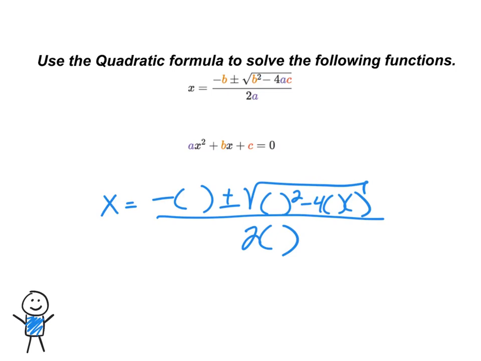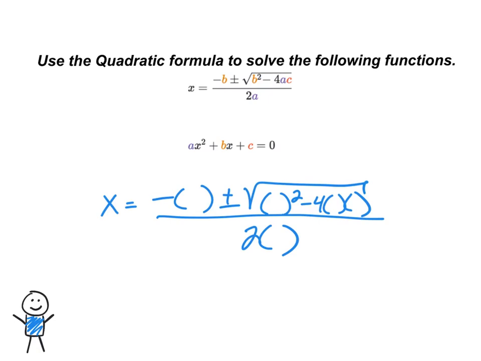Now, if you'll notice, this can be done in your calculator, except you can only do plus the first time, and then you'll have to either type in this scenario a second time in the calculator, or you'll have to back up, delete the plus sign, and put the minus. Plus or minus means that there are possibly two solutions here. Negative b plus all the rest of this, and then negative b minus all of this.